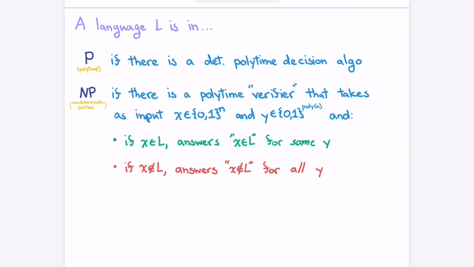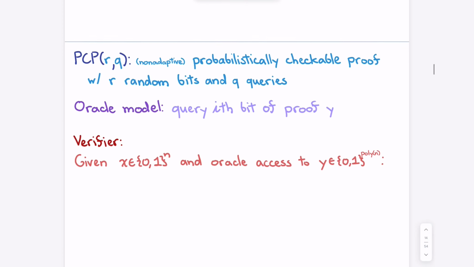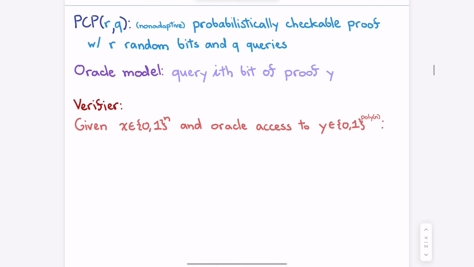There's some polynomial time verifier that can look at X and Y and use that to verify that X is in L. So if X is in L, there is some Y that will make the algorithm say yes. If X is not in L, for any proof, you will not convince me that X is in L. Good.